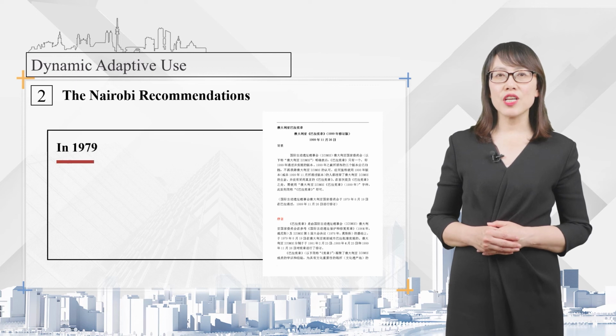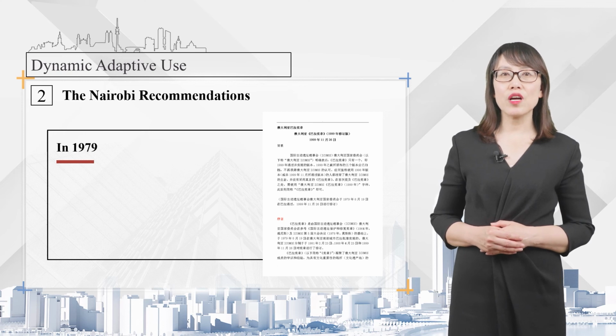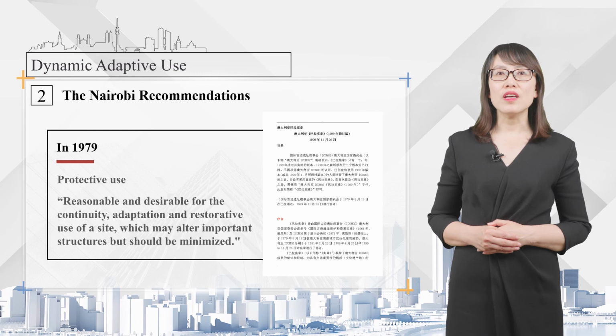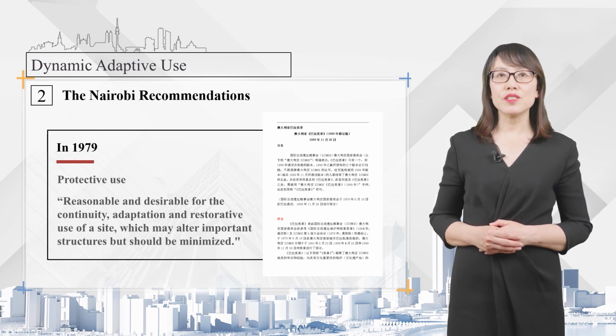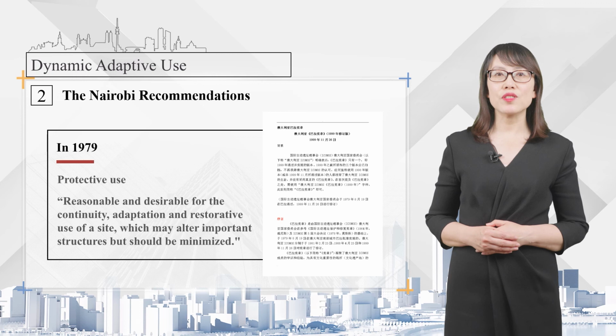The Burra Charter, adopted by the Australian National Committee of the International Council on Monuments and Sites in 1979, states that protective use is reasonable and desirable for the continuity, adaptation, and restorative use of a site, which may alter important structures but should be minimized.